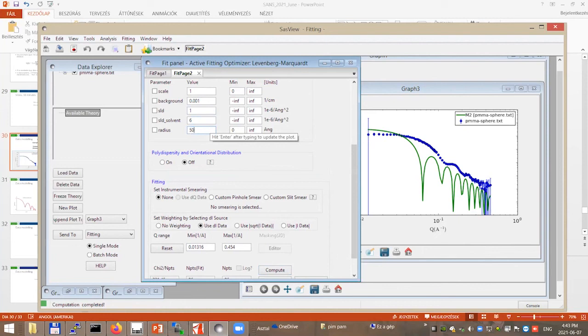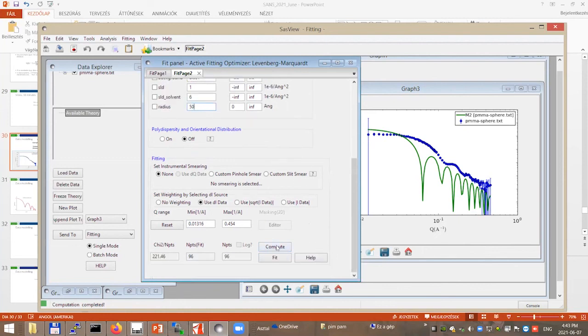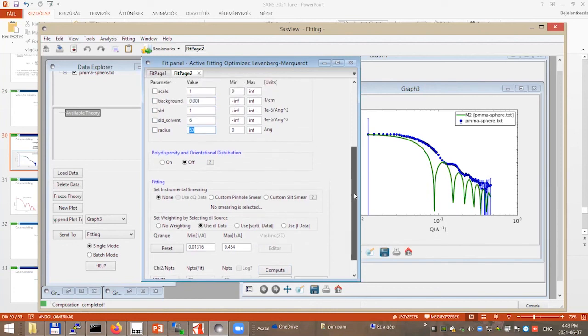So we go back to 50. The pattern moves back. In fact, we can fit everything by hand, so this software is not that necessary. By some minutes of varying this parameter, we can obtain a very accurate fit.